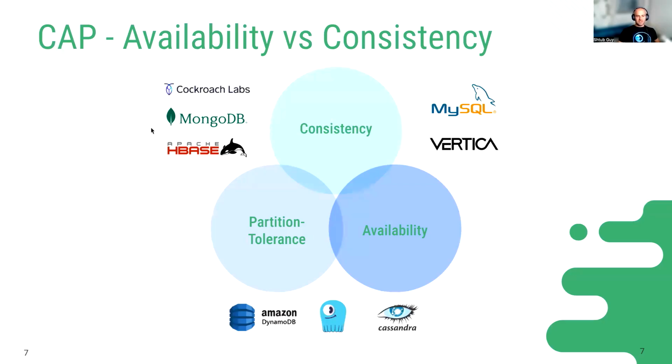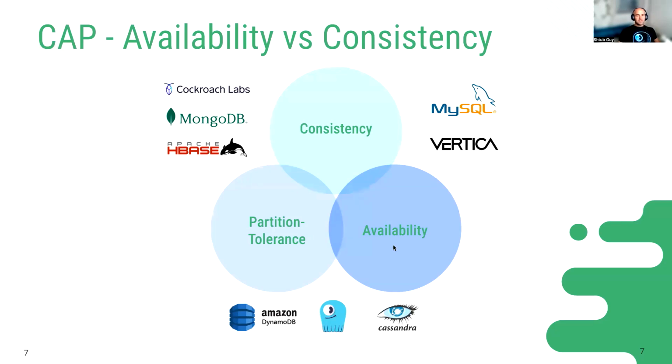So I put some logos here of some different databases. It's just, of course, just a few of the databases. But just to give you an idea, some databases like Cockroach Labs or Mongo give a preference to consistency over availability, whereas Apache Cassandra, ScyllaDB over here, and Amazon DynamoDB give a preference to availability over consistency, okay?